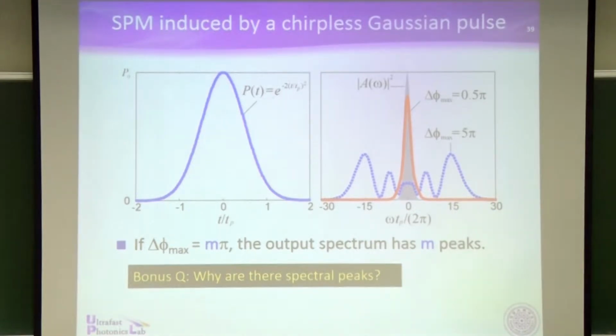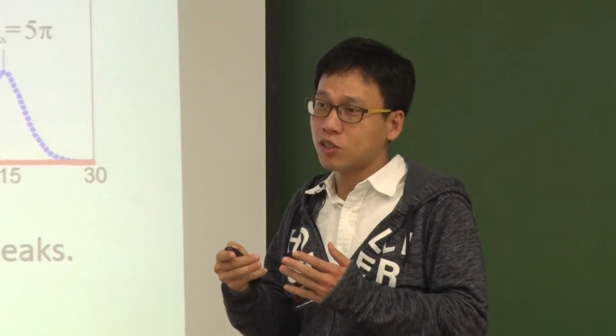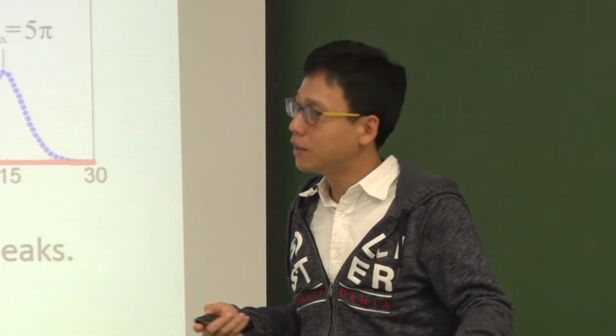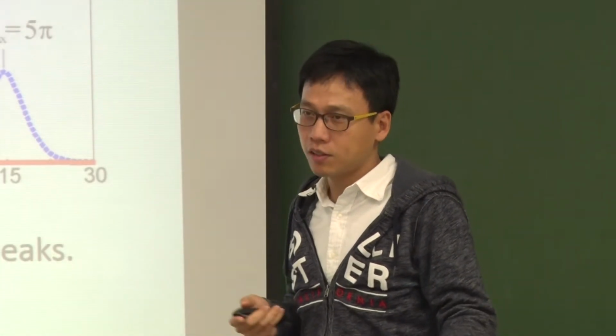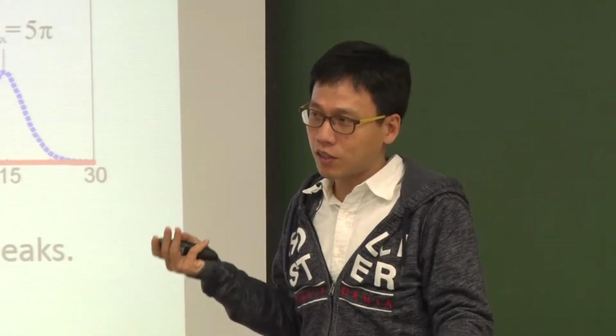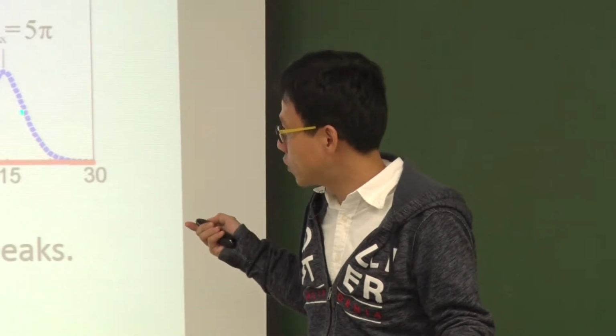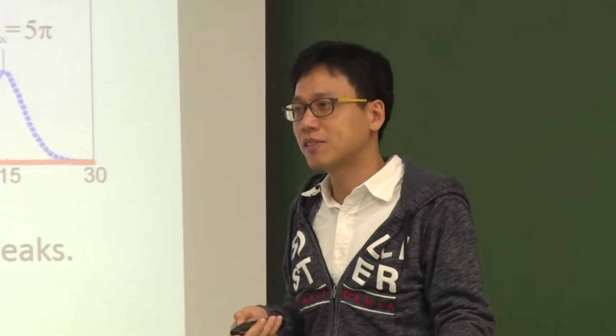The input is Gaussian, right? Why not just a spectral shape that is still Gaussian but broader and broader? Here we see not just broadening but also significant shape distortion. And the signature of the shape is that there are many peaks.